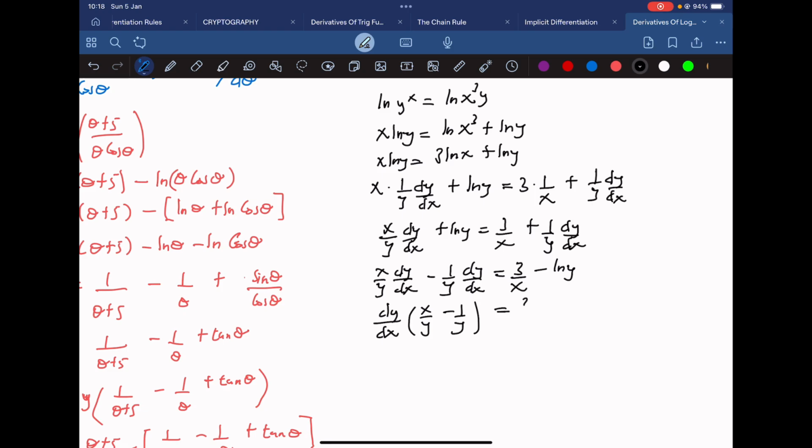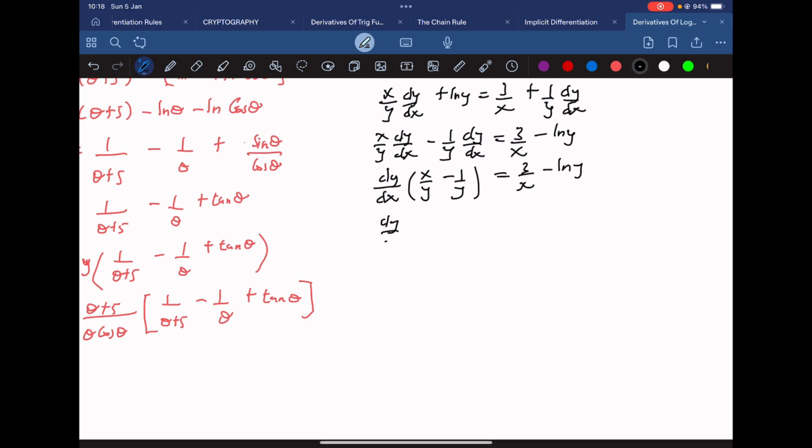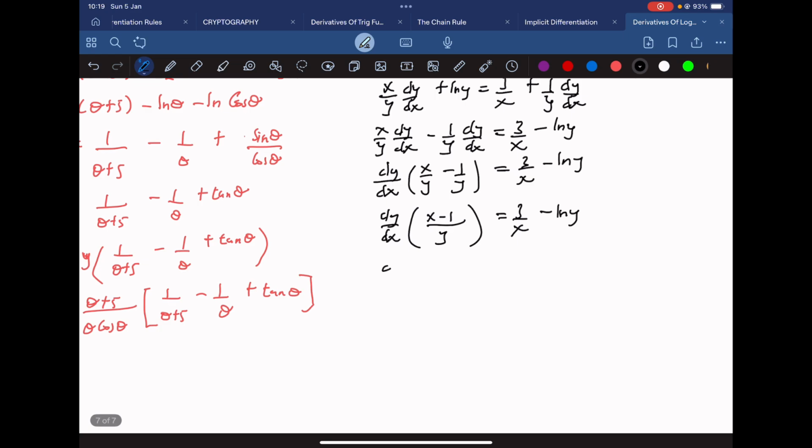And this is 3 over x minus ln of y. So I have dy dx. Remember, I can simplify this further. Since they both have the same denominator, I can have y here and then x minus 1. And this is equal to 3 over x minus ln of y. So to find dy dx, all that I have to do is to divide everything by x minus 1 over y.